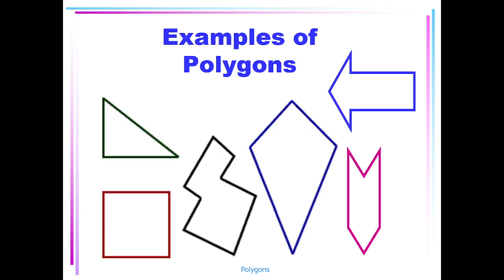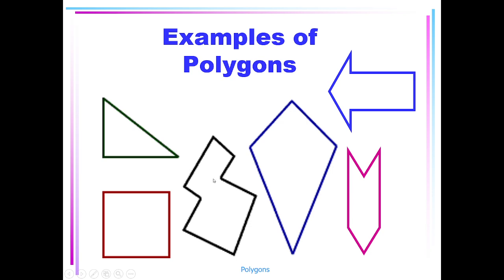So here are visual examples and illustrations of polygons. Starting from the left, you have a triangle, and you also have here a square or a four-sided polygon. Here, how many sides do we have?